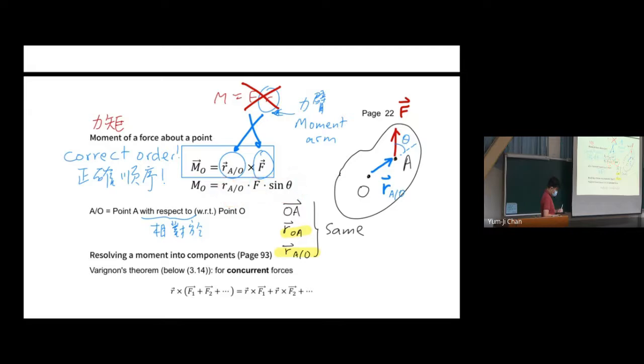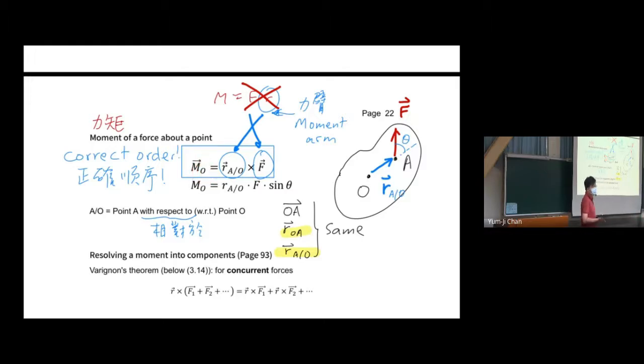And we need to write O, because this moment is with respect to point O. It's not with respect to point P, for example. It's not this one. It's with respect to point O. So we need to write O here.